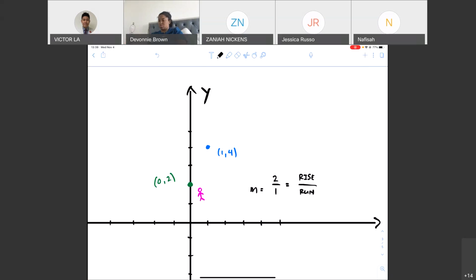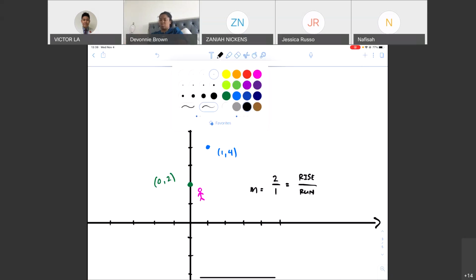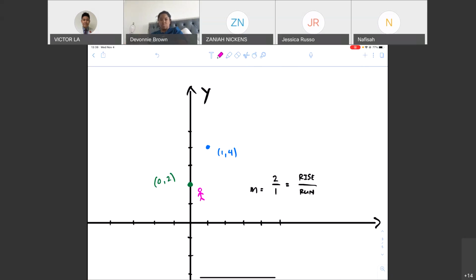That means that if you're walking, and you're this little pink person, you rise means you always go up. Why? Because bread rises. Just remember, bread always rises.